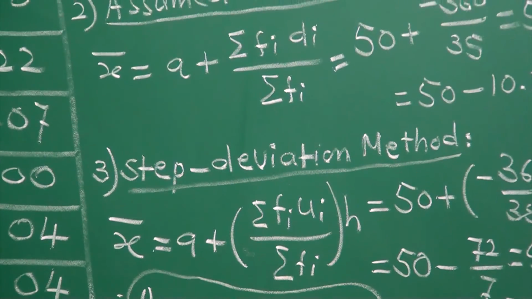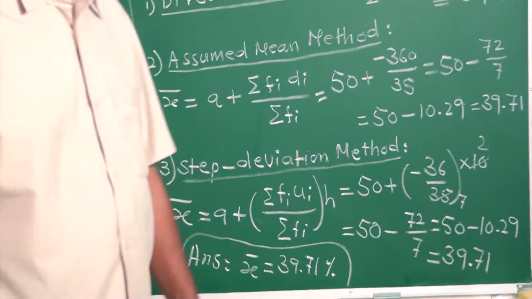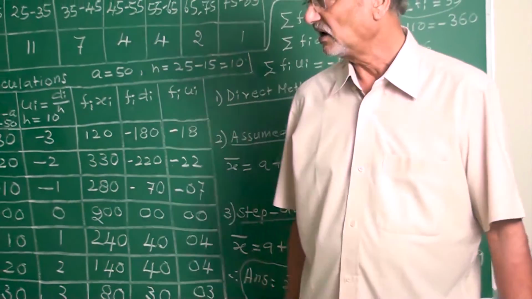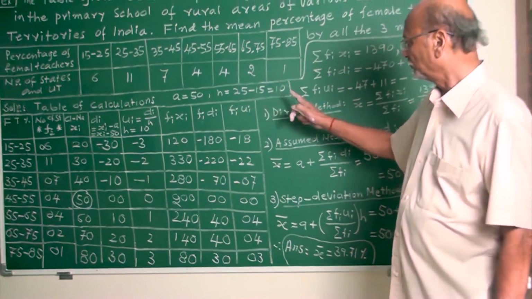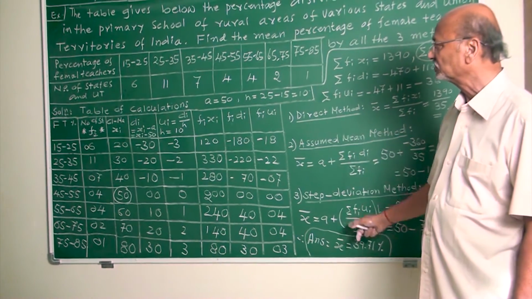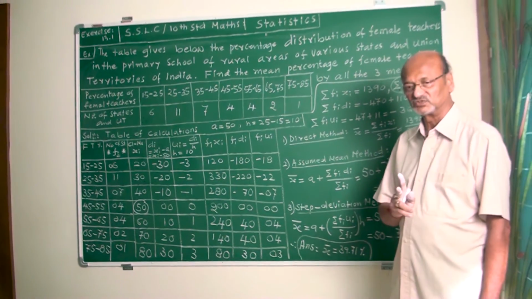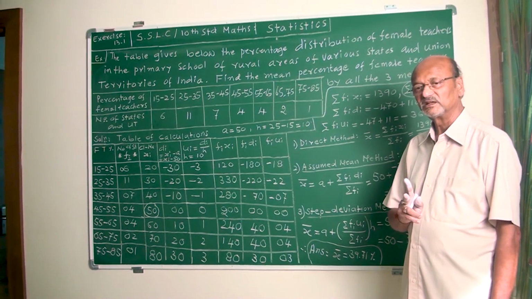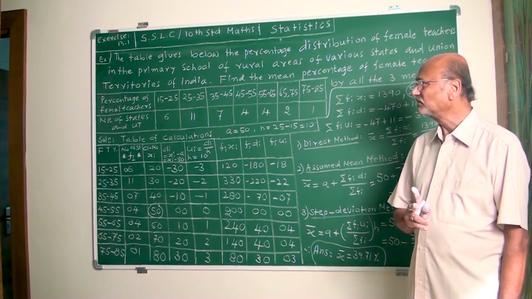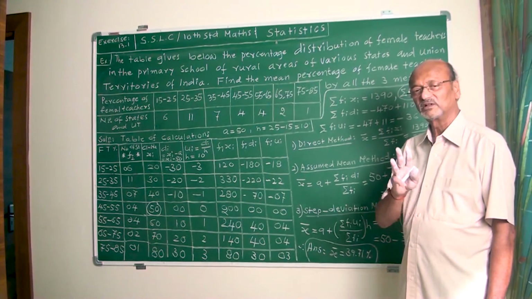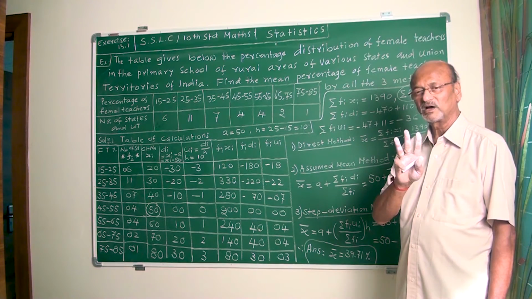The last example, just to remind you, I have done the same example with all the three methods, my friends. The previous example was done by two methods, direct method and step deviation method. But my friends, these examples will come under a 3-mark question, Part 4.